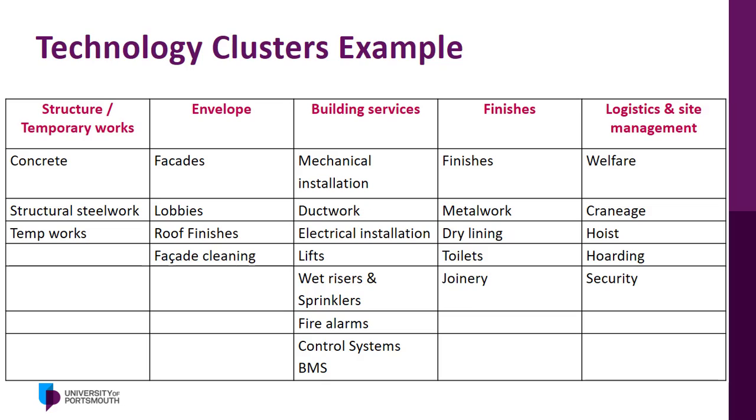In this example, the project was organized into 5 technology clusters: structure and temporary work, envelope, building services, finishes, and logistics and site management. Usually, each STC on their appointment to a project, they provide the organization chart of the team that is going to work on the project.